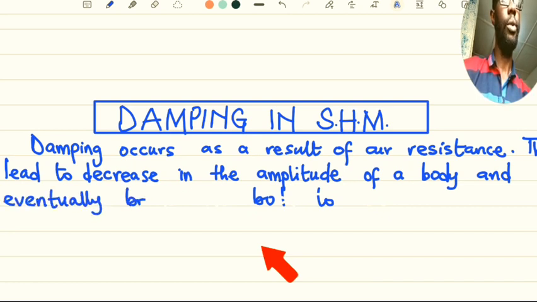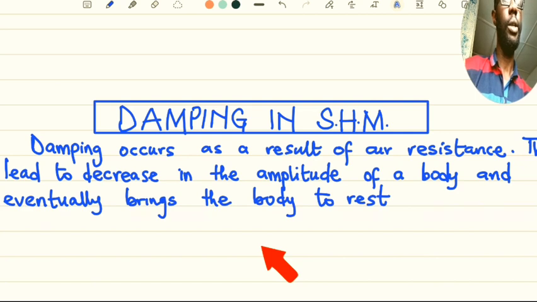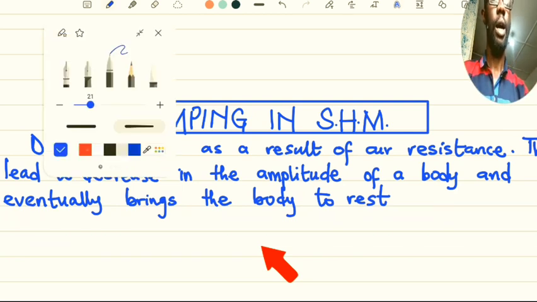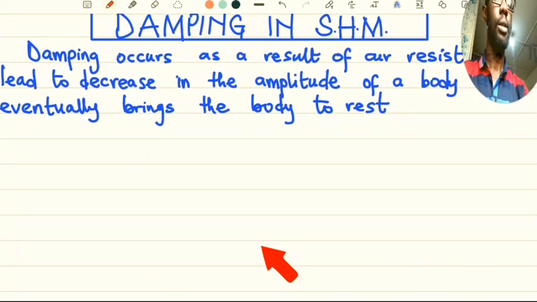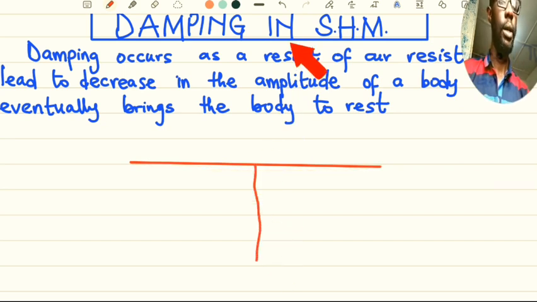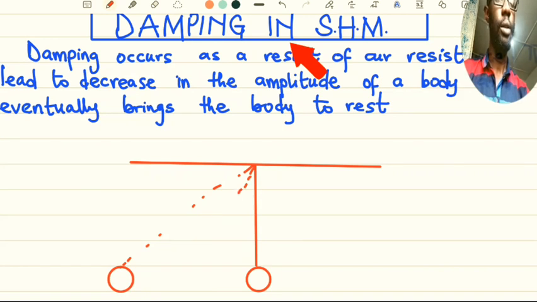The body is eventually brought to rest. We can explain that, as we can see here in the diagram: an object that is properly undergoing SHM initially, and was eventually, due to circumstance, maybe there is no air, brought to rest.